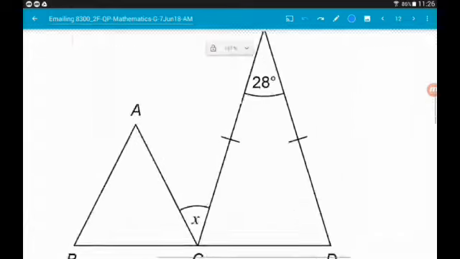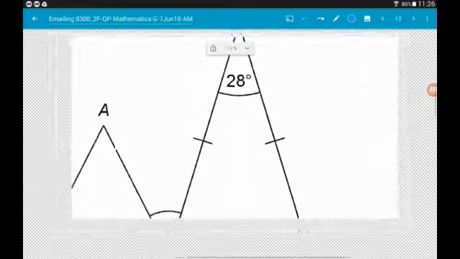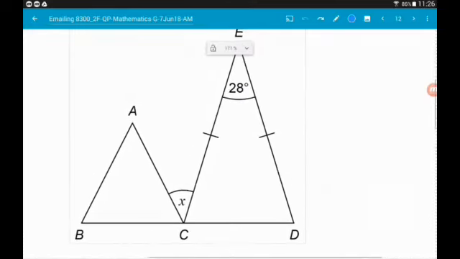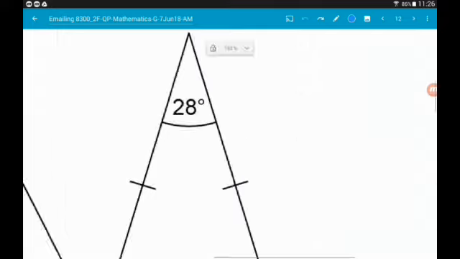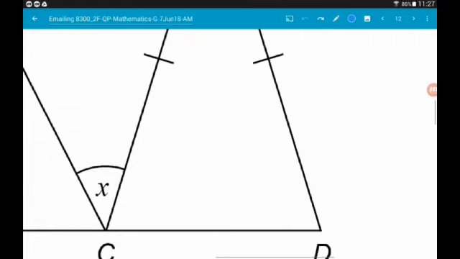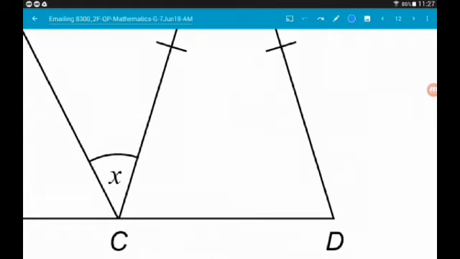Well, we know that this triangle on the right is an isosceles triangle because it has 2 side lengths the same. So that means this angle here is the same as this angle here.